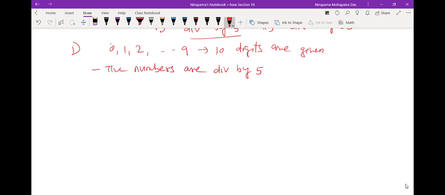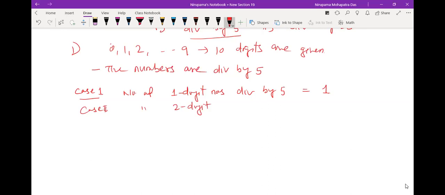So here you can write case 1: the number of 1 digit numbers divisible by 5. That is equal to 1, because only 5 will be there. Case 2: the number of 2 digit numbers divisible by 5.